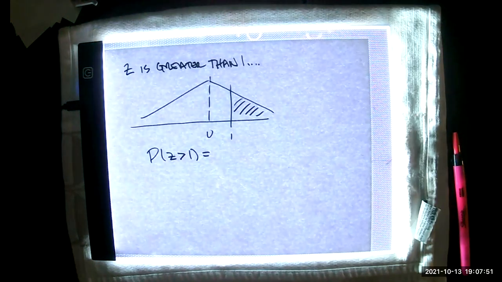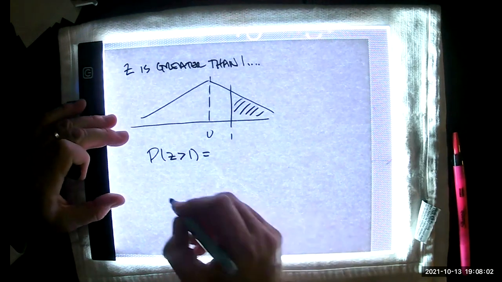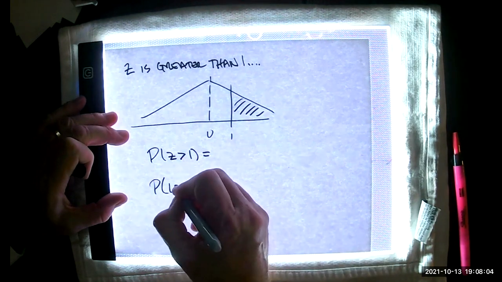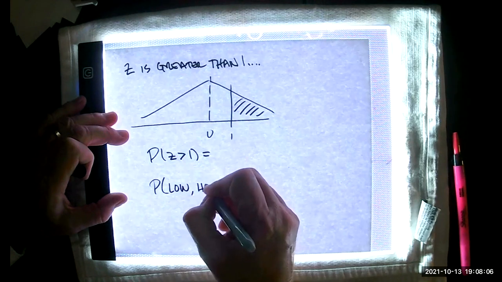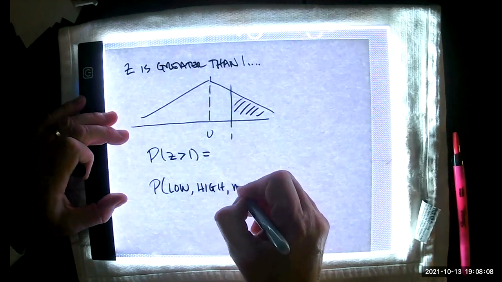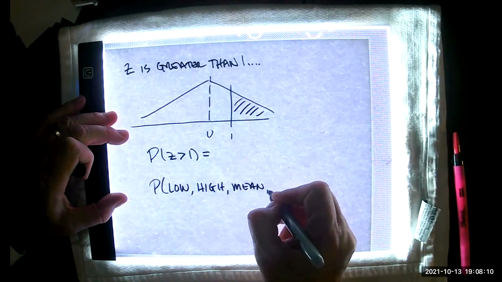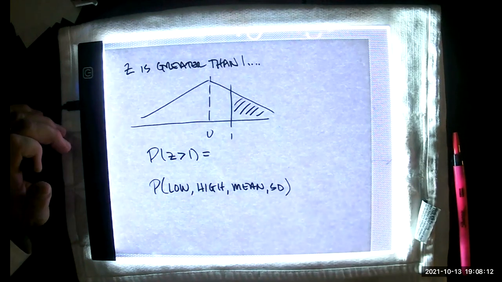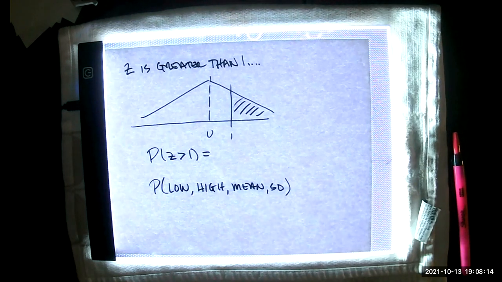Now, here's the problem we face with this type of question. My calculator needs two distinctly different values. It needs a low value, it needs a high value, it needs the mean, it needs the standard deviation in that order with commas between them. Here's the problem.